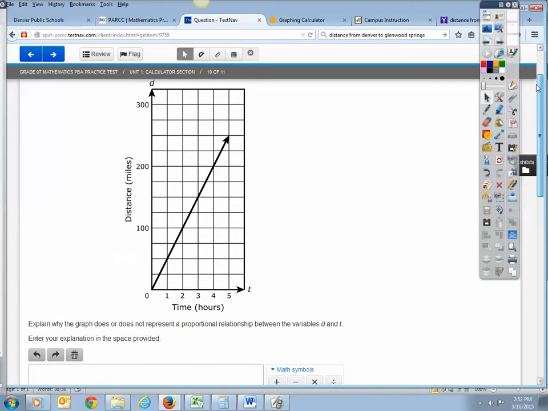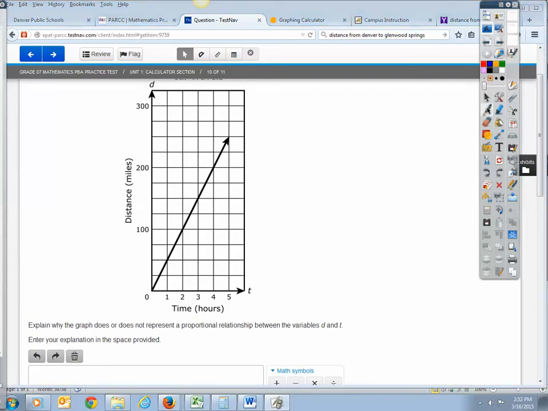So here's the thing. Your graph is a straight line. So you know this is a linear equation. And you know that a proportional relationship is a linear equation, because in a proportional relationship you have a constant slope, or a constant of proportionality.